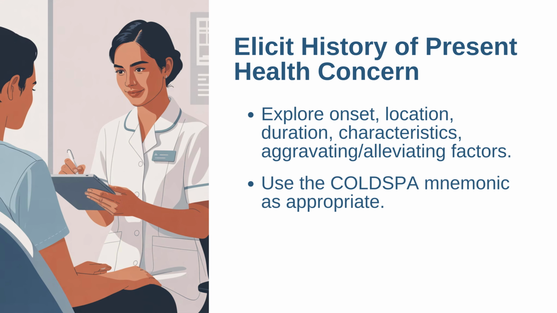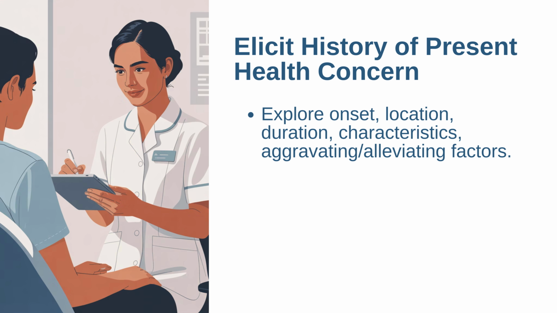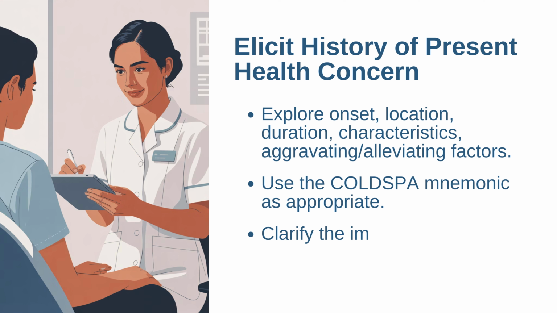Use the COLDSPA mnemonic as appropriate. Using a mnemonic ensures systematic assessment. Clarify the impact on daily activities. Understanding the impact of your client's complaint to his or her daily activities shows how health affects functioning.